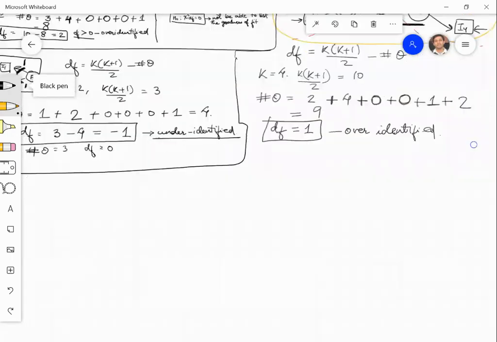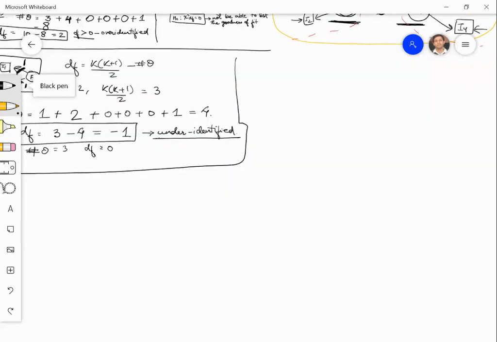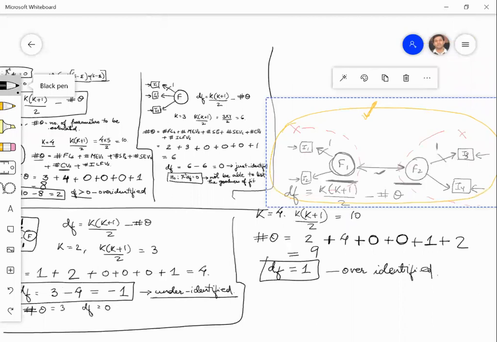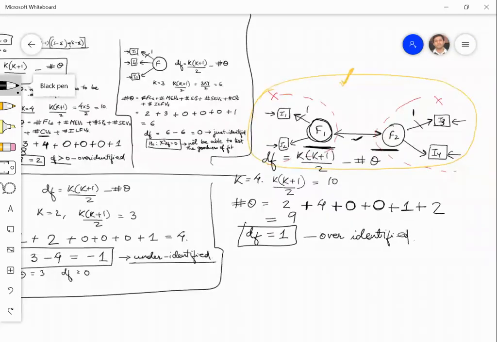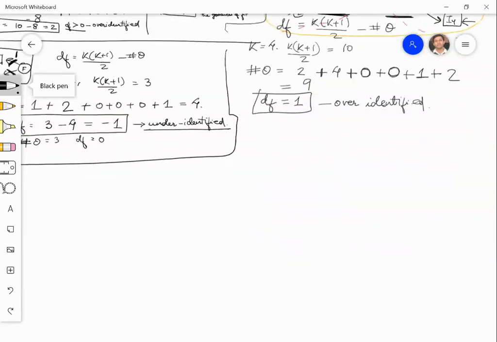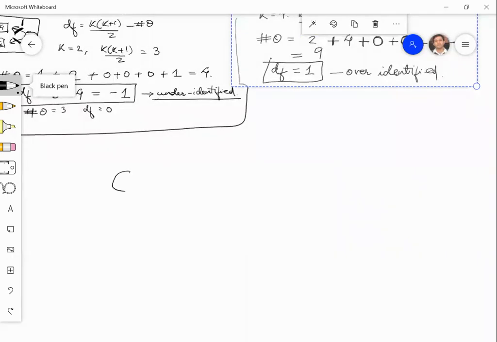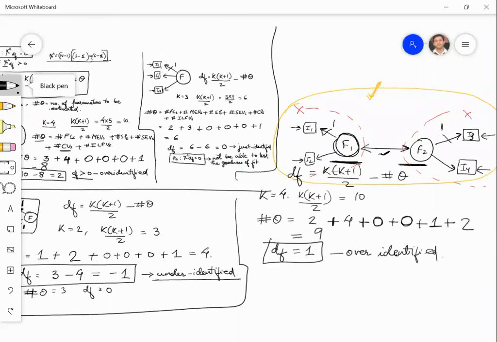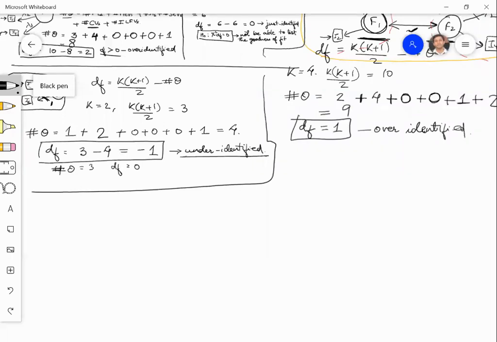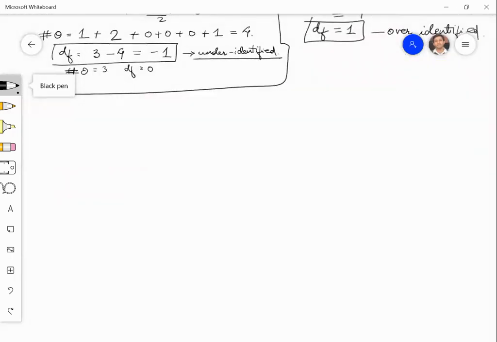What is a formative construct? This is your model. Let me just scroll this up. So you have F1, F2, and you have these causing F3.